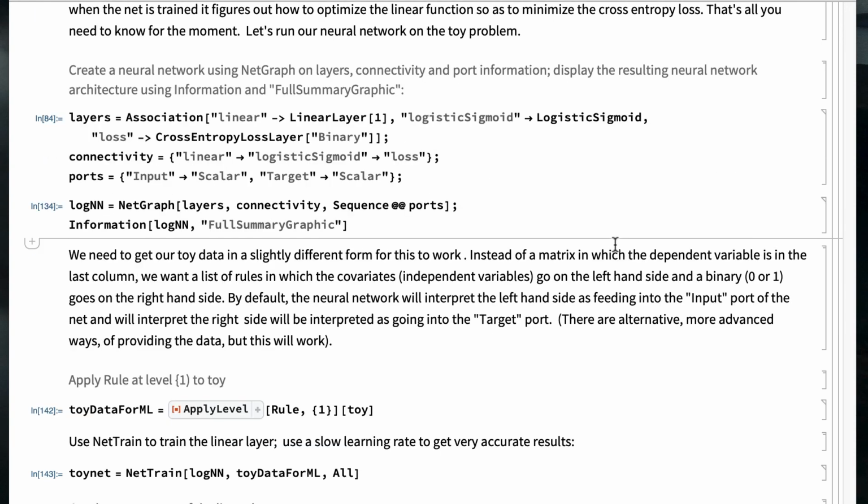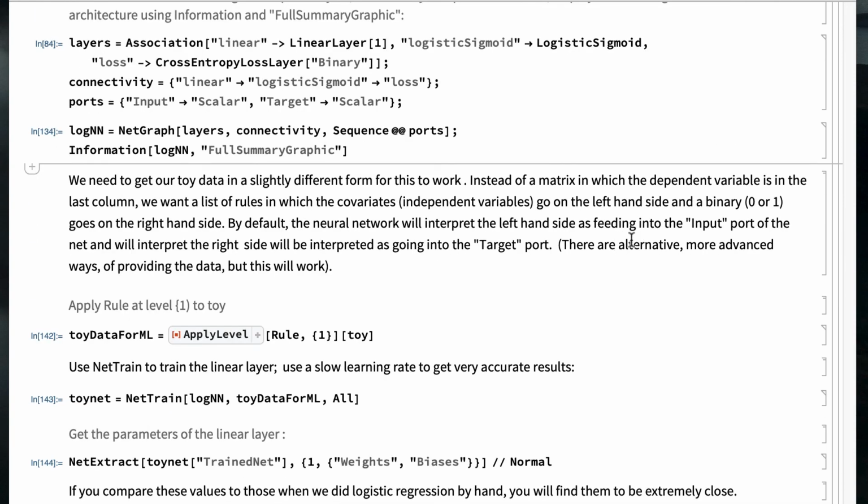So let's actually build this. The neural net is going to need layers, a connectivity structure, and some information on the ports. All right, so we've got our 3 layers. This is basically an association where we name the layers and then we say what kind of layer it is. It's a cross-entropy loss binary. Binary means the data coming in is going to be a 0 or a 1.